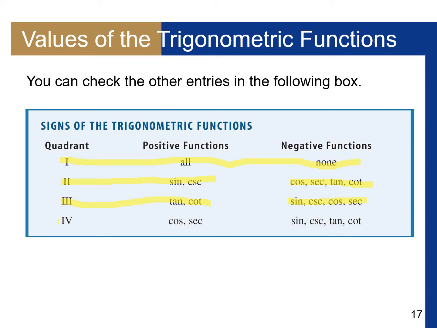In quadrant 4, I have a positive over a negative in sine, cosecant, tangent, and cotangent. But since quadrant 4 has my x value being positive, my cosine and my secant are going to be positive functions.